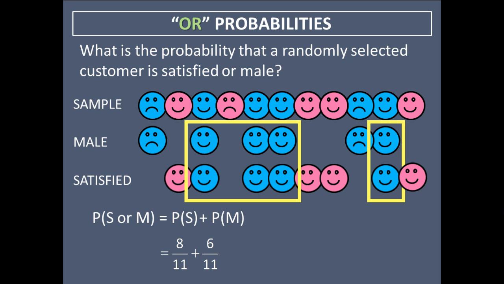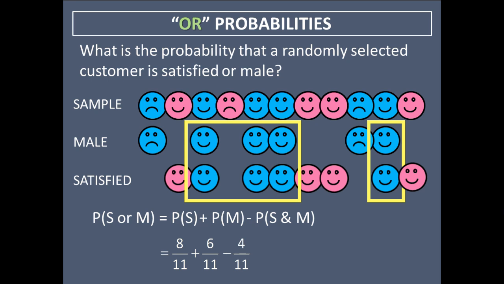And if we look at what we did when we added the probability of satisfied plus the probability of male, everybody that was satisfied and at the same time male was counted twice. So we want to make sure we count those people, but we definitely do not want to count them twice. So what we need to do is get rid of one of the instances where they are both satisfied and male.